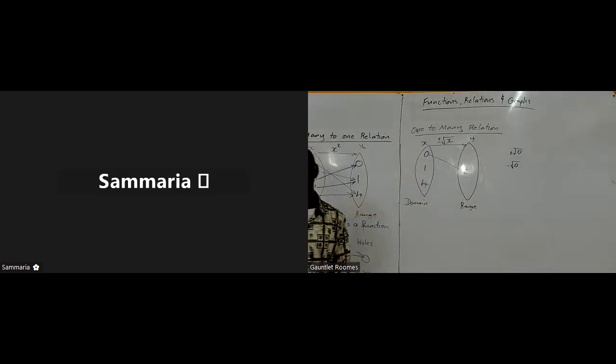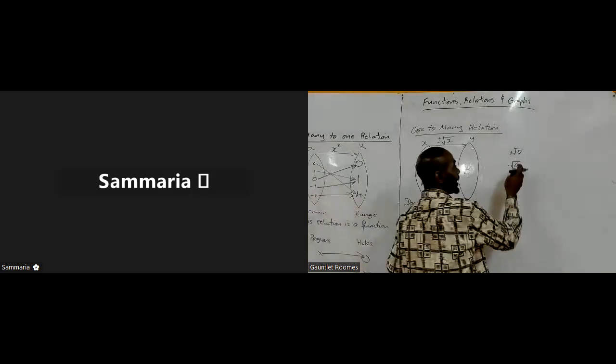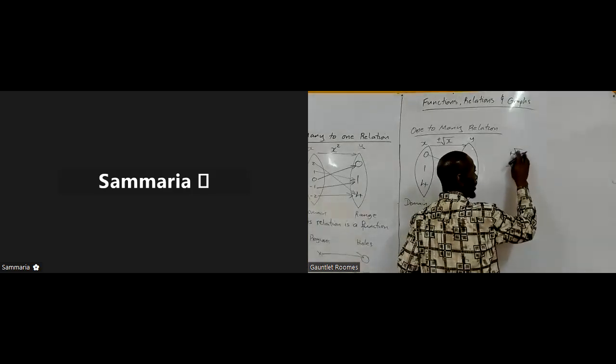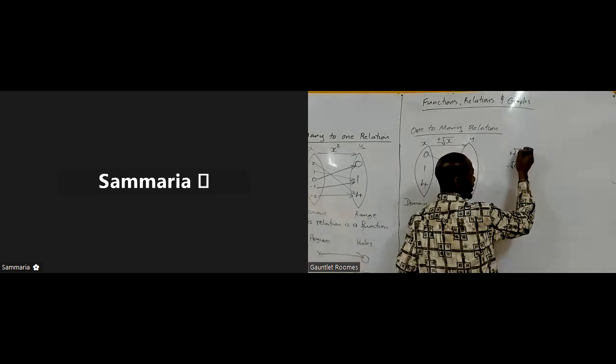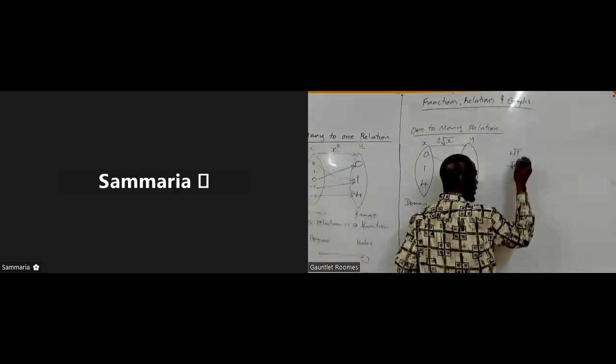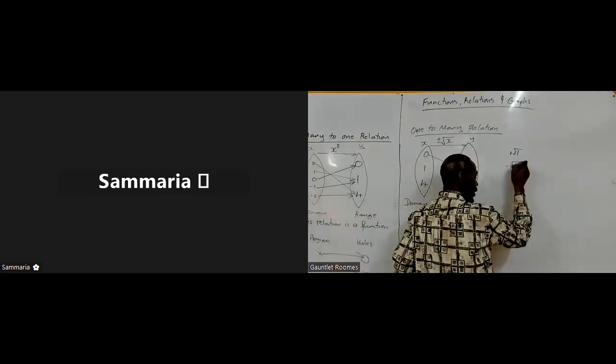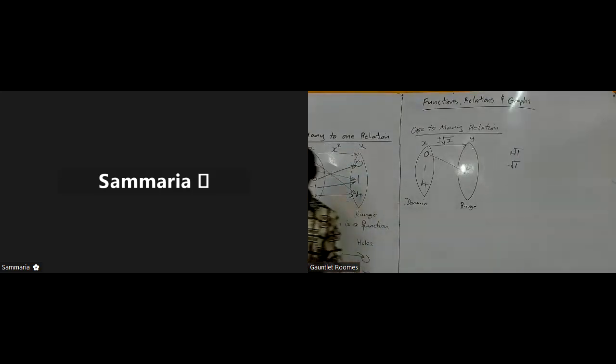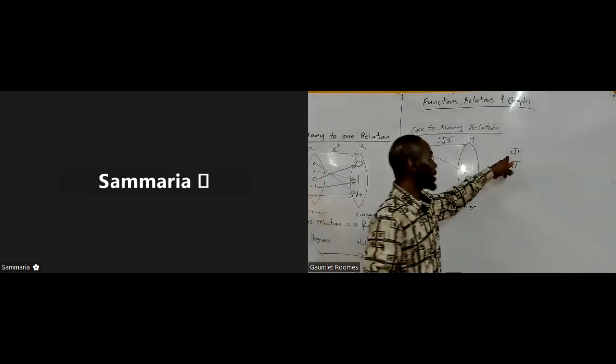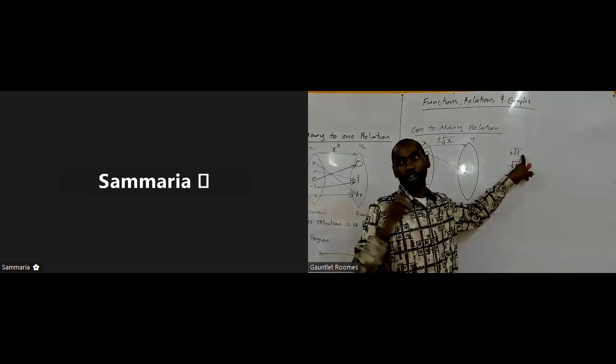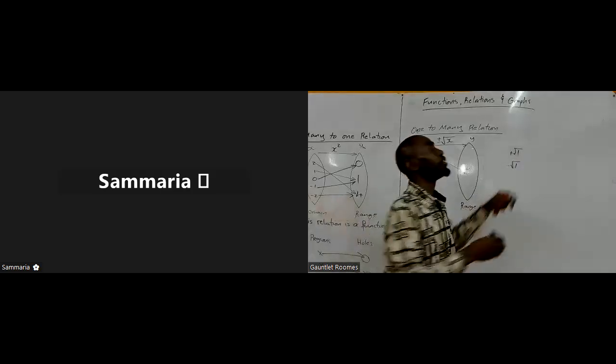Let's plug in 1. That means taking both the positive and negative square root of 1. When we take the positive square root of 1, what are you going to get?